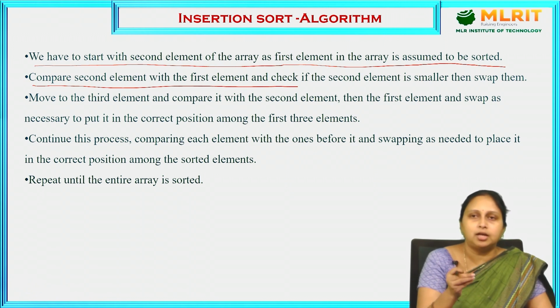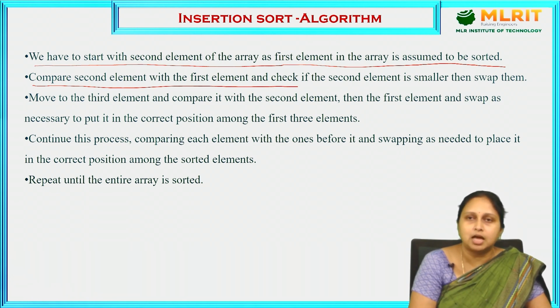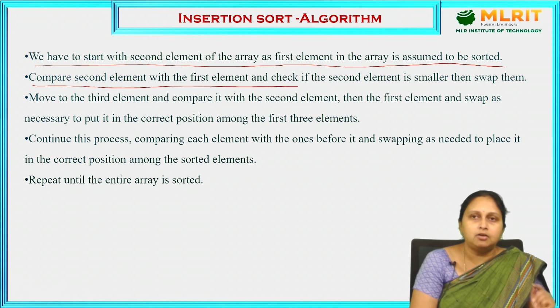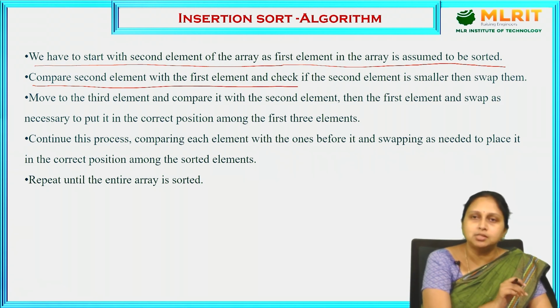Consider that I have placed some 5 cards. The first card I have taken, I have no need to do any verification, directly I place it as it is. If I pick the second card, now I need to do the comparison, because I already have one card. Now compare this one with the second card.